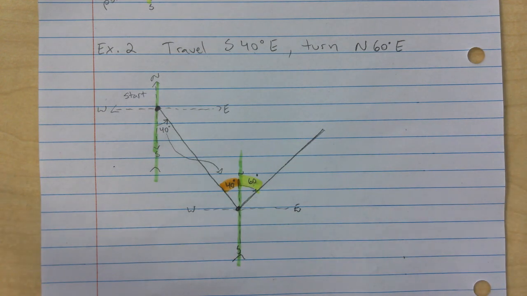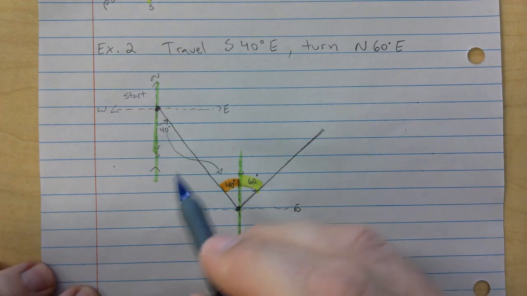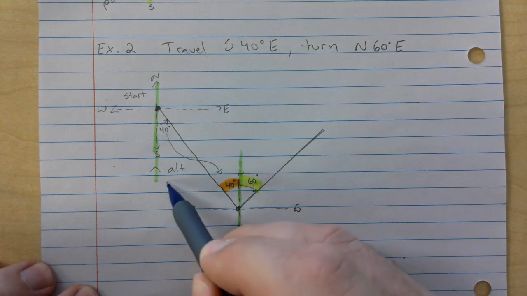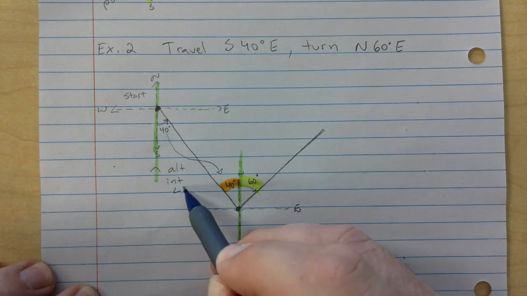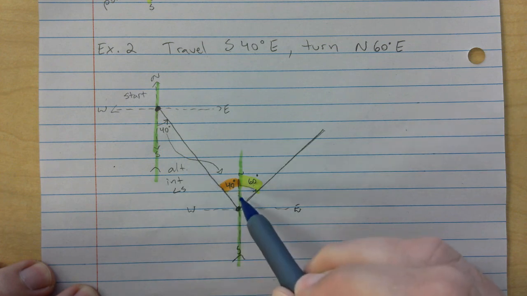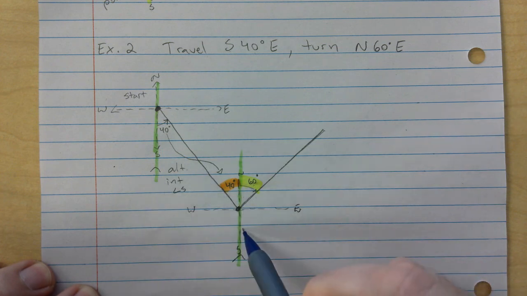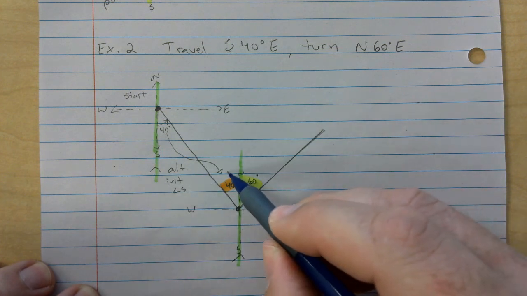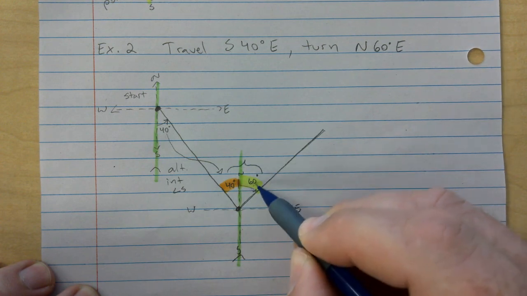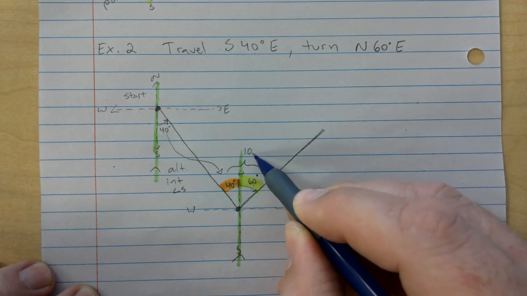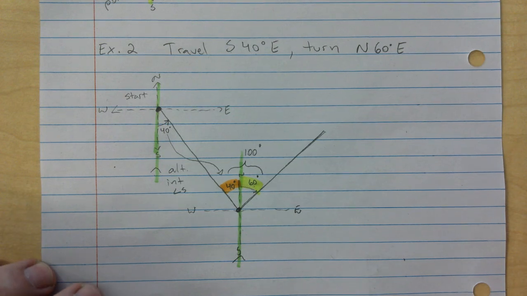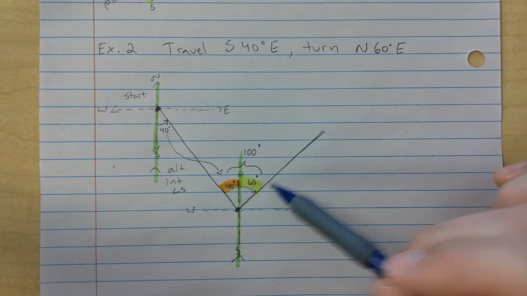Okay? And this is because of alternate interior angles. That's why you're doing that. They're congruent, right? If the lines are parallel, connecting them. So combined, this whole angle right here would be 100 degrees. Okay, so now you found that angle in there.